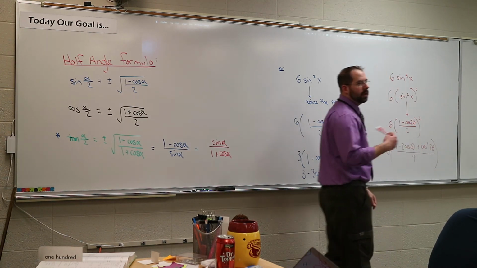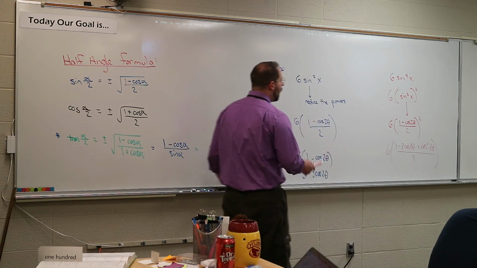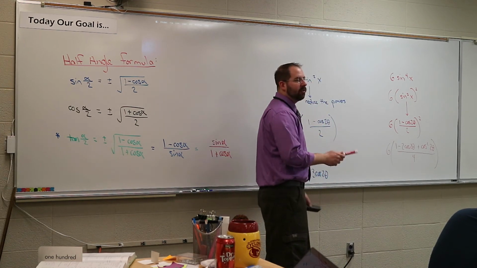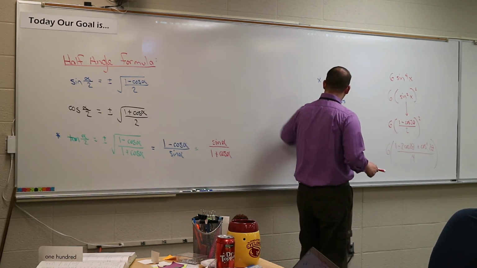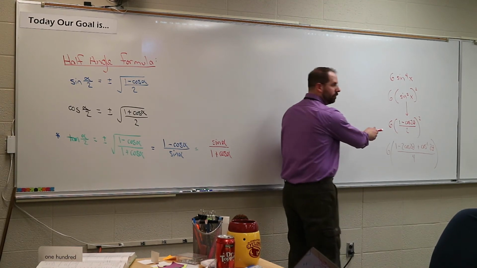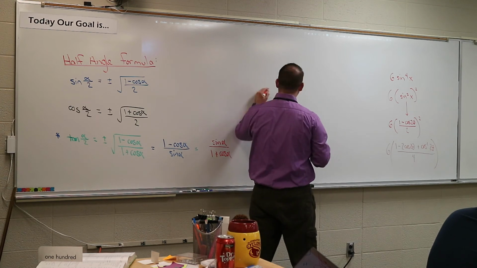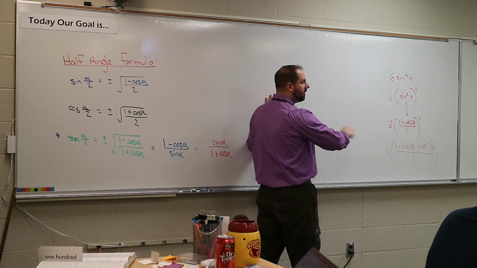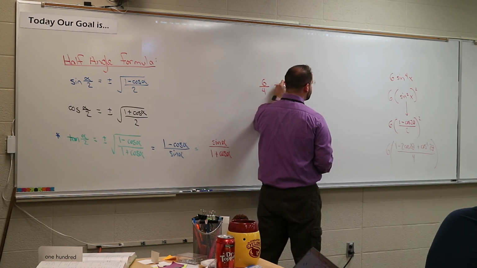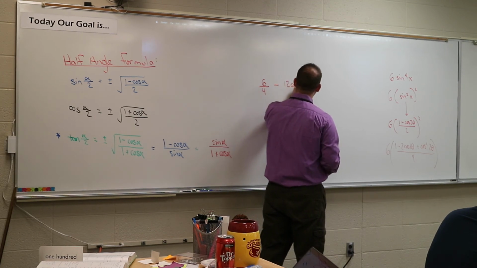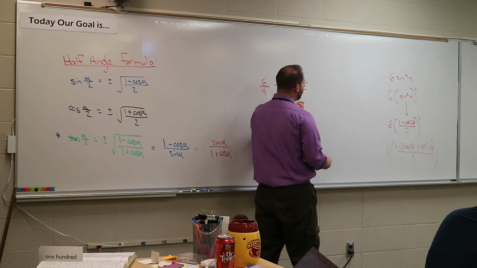So how I would do it, if I was doing this problem, I would actually make every problem separate. So I would take that problem, that one right there, I would distribute the 6 through the top and divide everything by 4. So 6 over 4 minus 12 cosine 2 theta over 4. And yes, I know those can simplify.